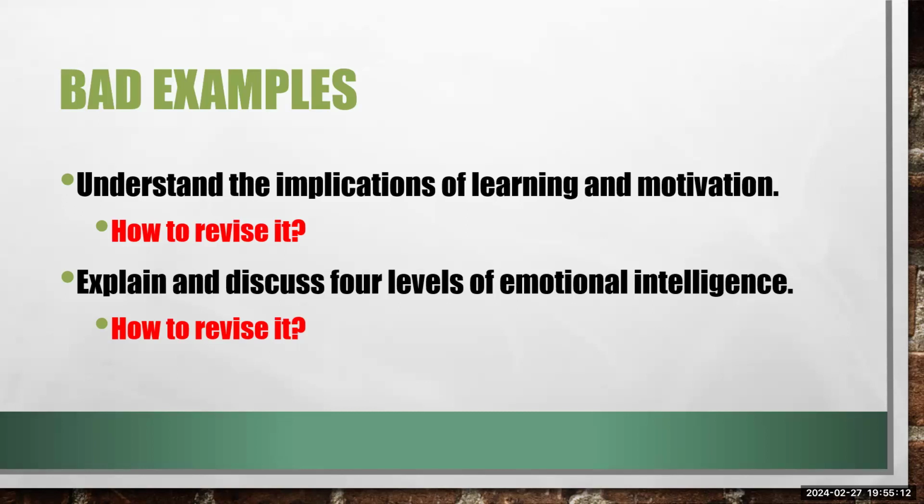So you're mixing two different levels. You shouldn't have understand. You should have what are the implications of learning and motivation, and you don't have to refer to understanding. So how would you revise it?